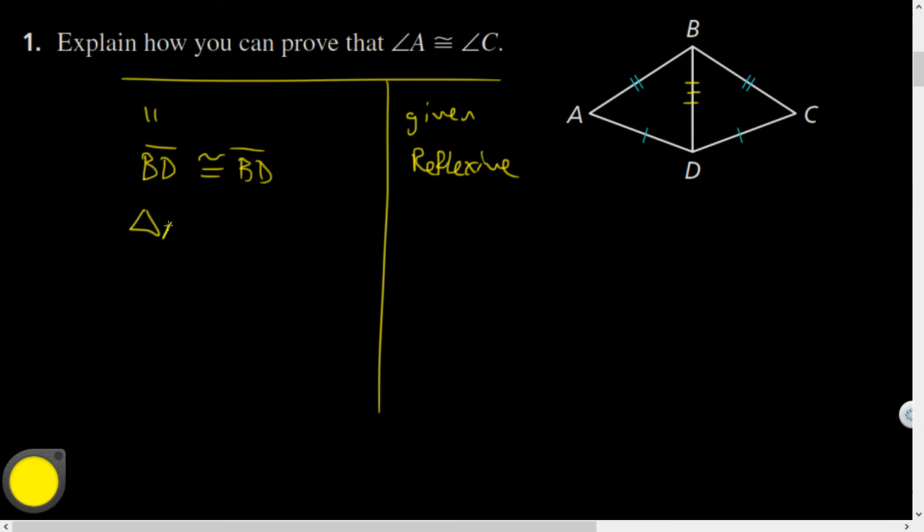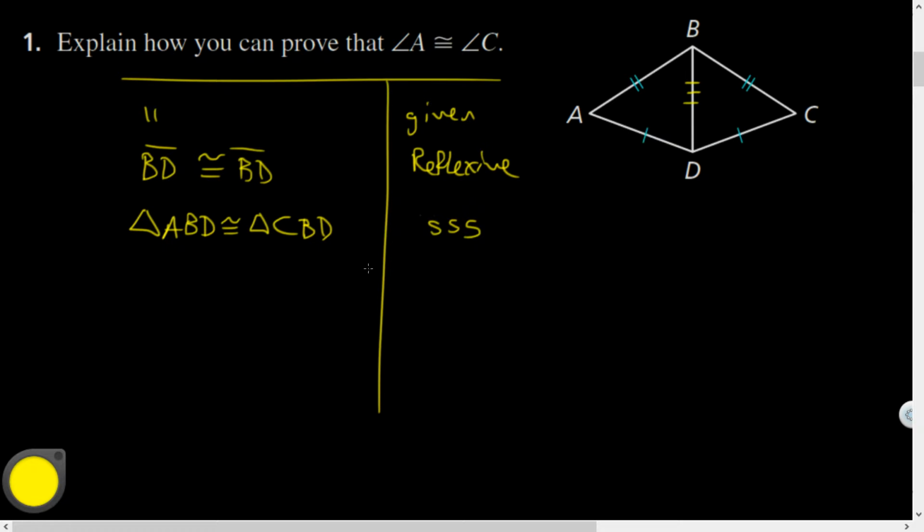So triangle ABD is congruent to triangle CBD. The reason? Side, side, side. You guys are experts at proving triangles congruent now.